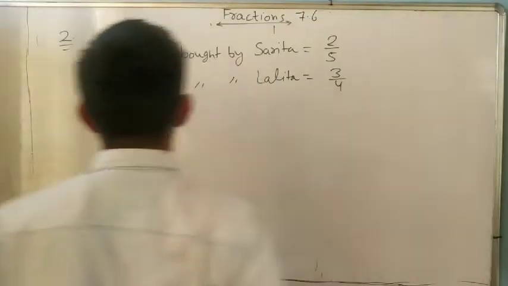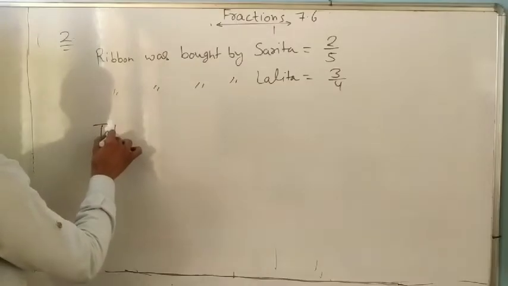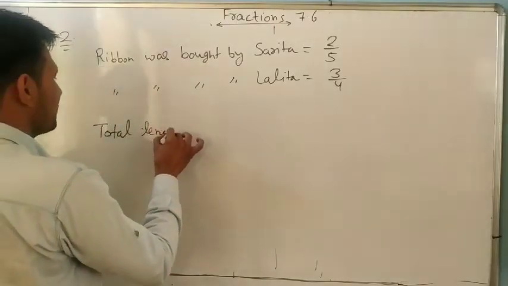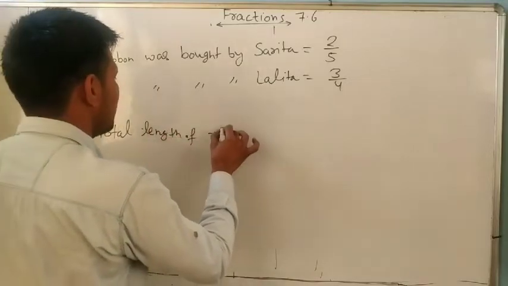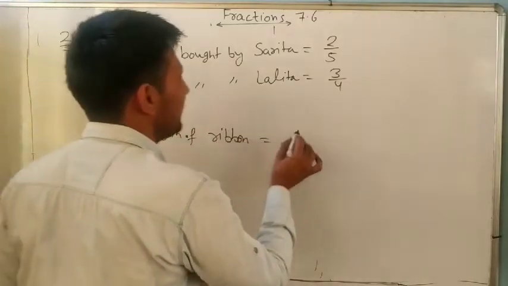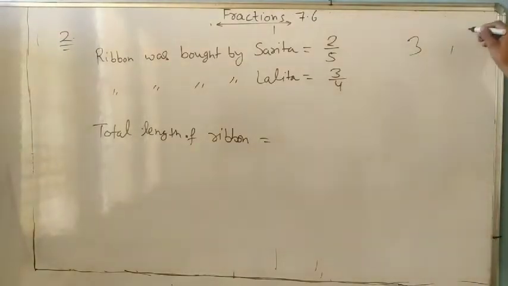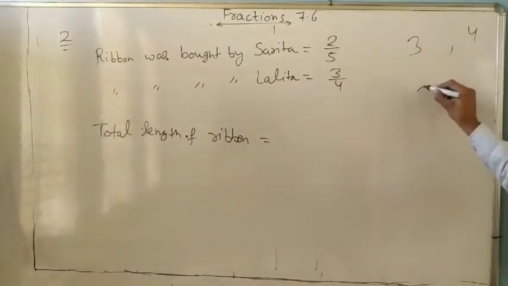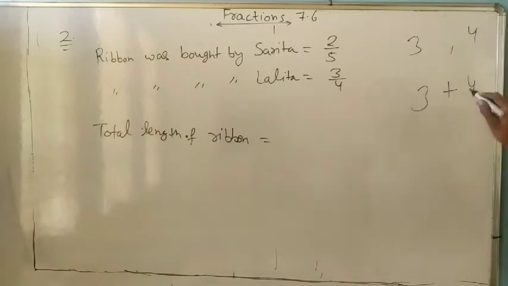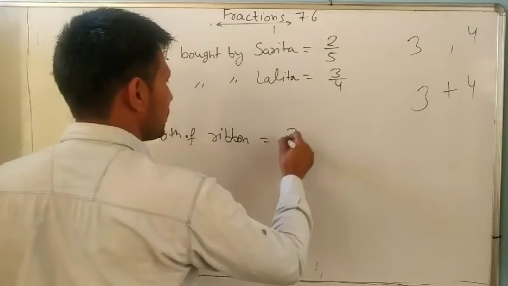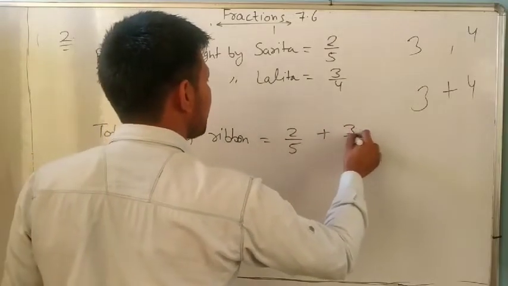So how will we find the total length? Always subtraction or addition. You have 3 rupees, your friend has 4 rupees. What is the total? Total means 3 plus 4, addition. Same as it is: total length of ribbon is 2 upon 5 plus 3 upon 4.